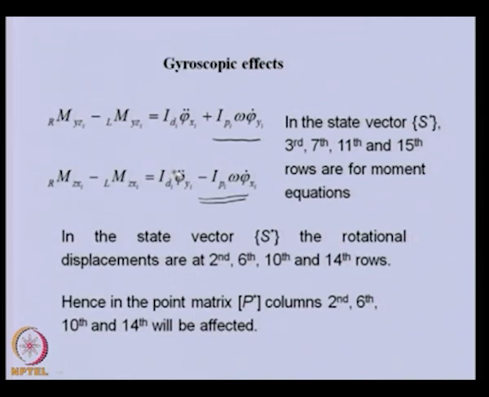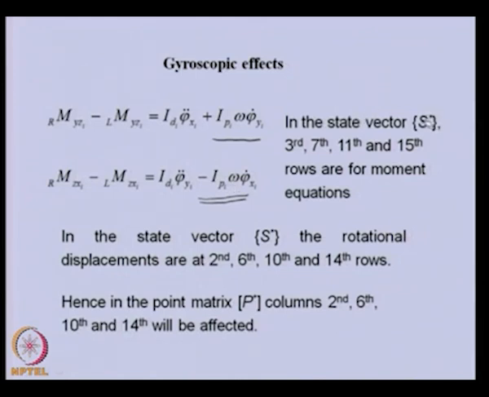In the development of the point matrix, we considered only a single plane, but now because of the gyroscopic couple both planes are involved. So, we need to write these equations for both planes. That is why we have written them for the YZ plane and for the ZX plane. Now, you can see the state vector.